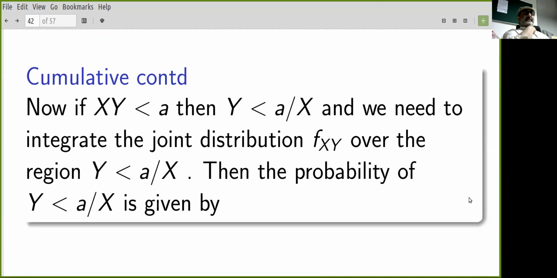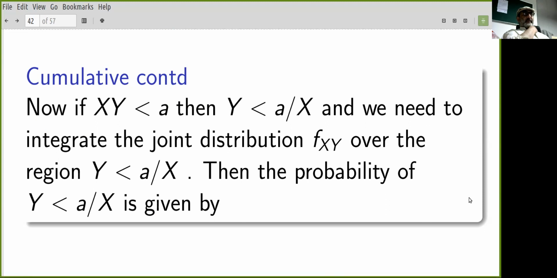If xy is less than a, then y is less than a over x. And so we need to integrate the joint distribution for x and y over the region where y is less than a over x.